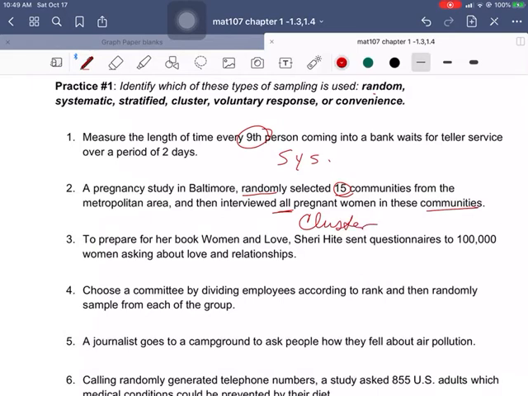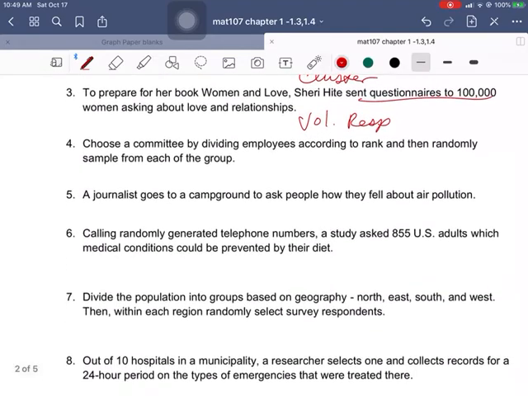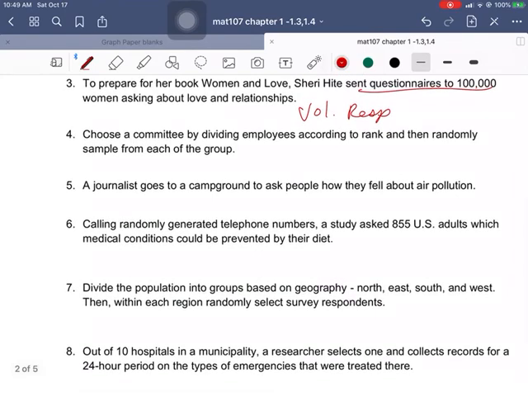Okay. To prepare for her book, she sent out questionnaires. Basically, she's going to look at whatever came back, so that's a voluntary response. Choose a committee by dividing employees according to rank and then randomly sampled from each group. So we grouped them, okay, and then we randomly sampled from each group. That is stratified sampling. Okay.